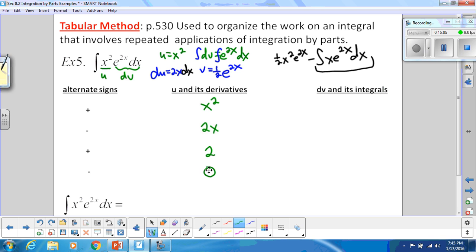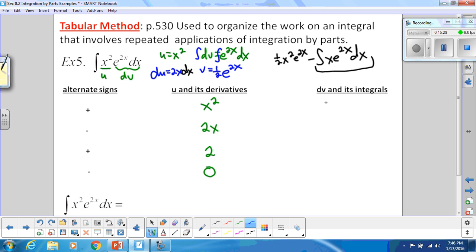The reason is we're going to be doing u times v when we do the formula, and when I do 0 times v, then there's nothing there anymore. So I know I'm stopped. I don't have to do the process anymore. So this tabular method really only works as long as your u can eventually come down to 0. Otherwise, it's not going to be very helpful.